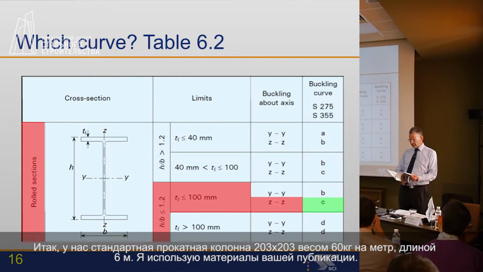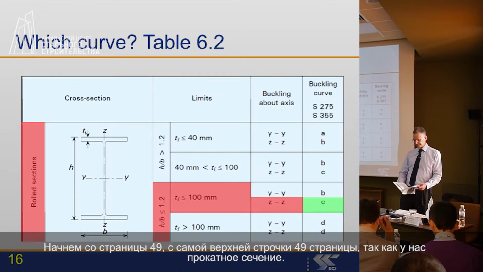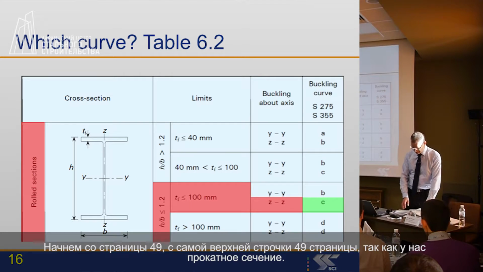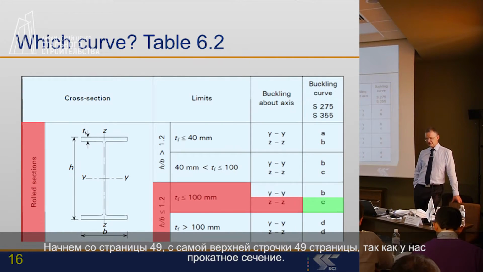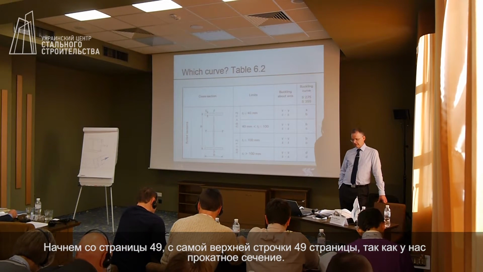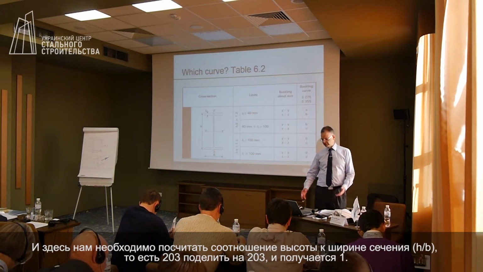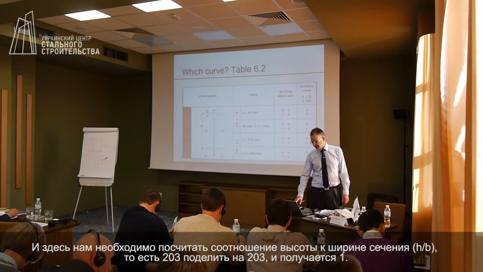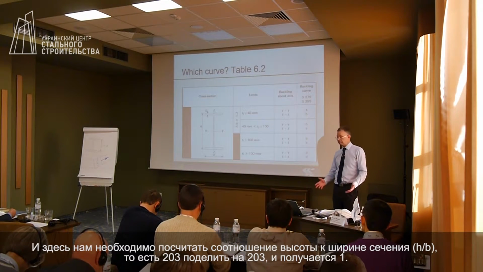So armed with your guide, you will start off on page 49, and you will be in the top row of page 49 because this is a rolled section. Then we need to decide the h over b ratio, so 203 divided by 203 is about 1.